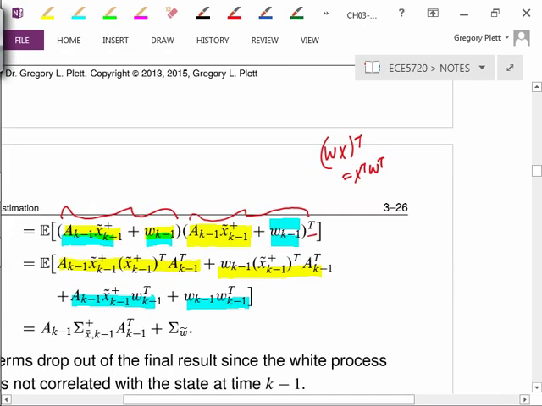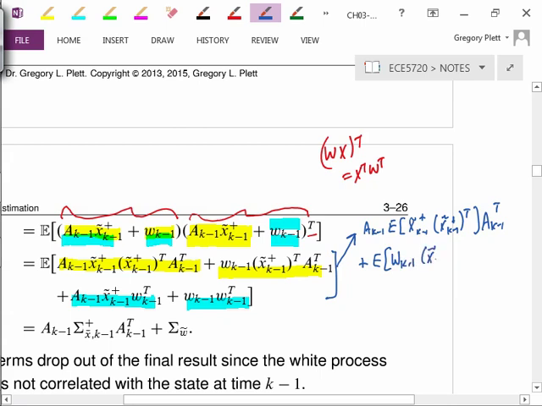We can take advantage again of linearity of expectation to write all of this as A_{k-1} times the expected value of x̃_{k-1}⁺ x̃_{k-1}⁺ transpose times A_{k-1} transpose, plus the expected value of w_{k-1} x̃_{k-1}⁺ transpose, all times A_{k-1} transpose, plus A_{k-1} times the expected value of x̃_{k-1}⁺ w_{k-1} transpose, finally plus the expected value of w_{k-1} w_{k-1} transpose. So just the linearity of expectation allowed me to do this.